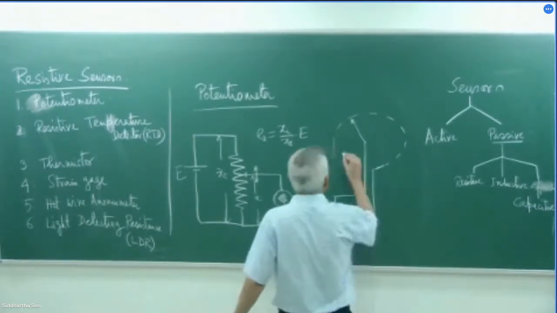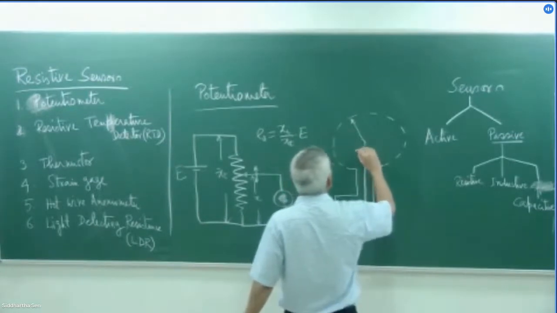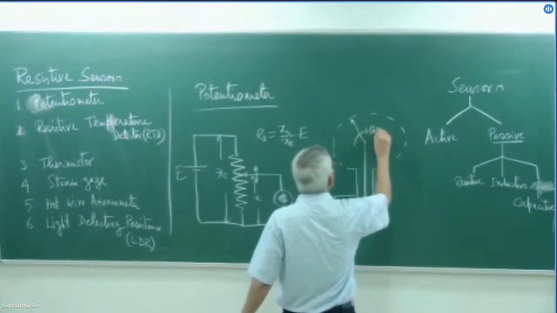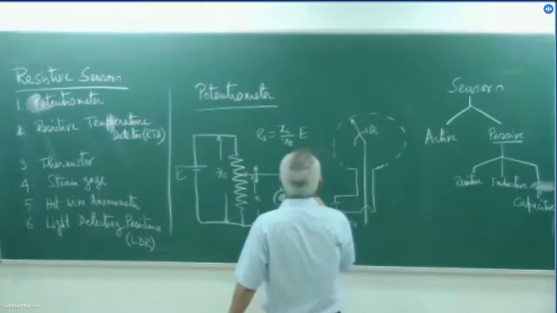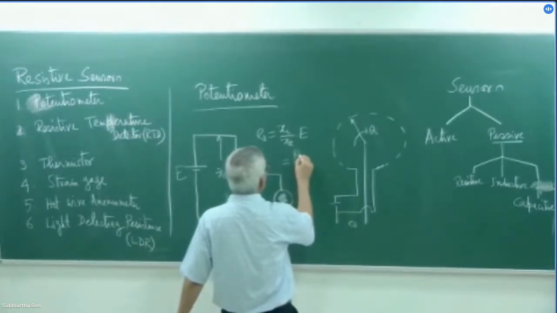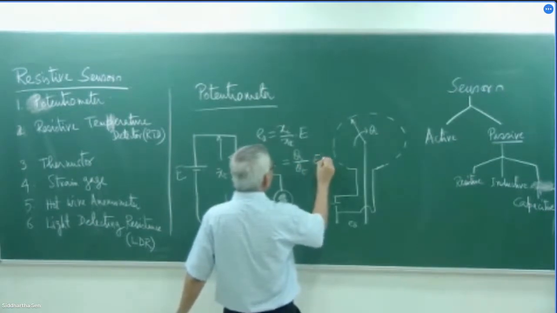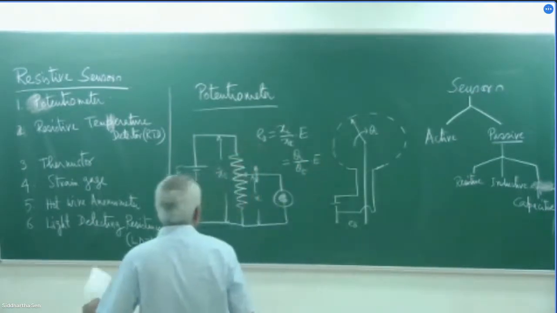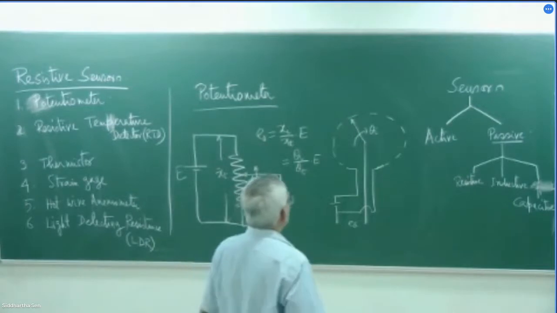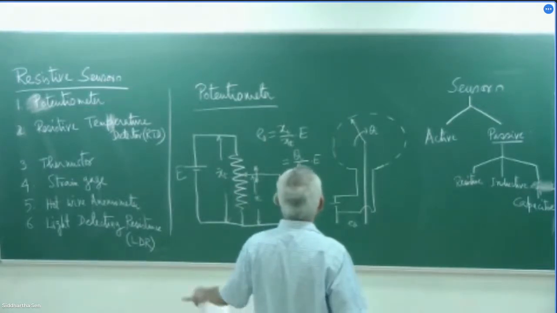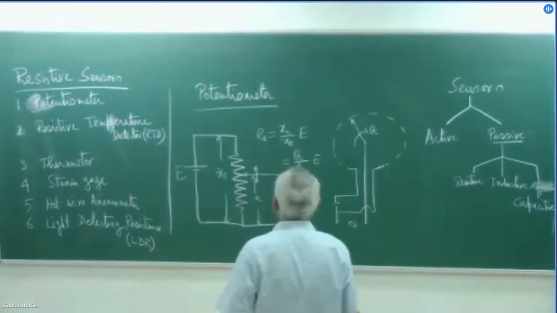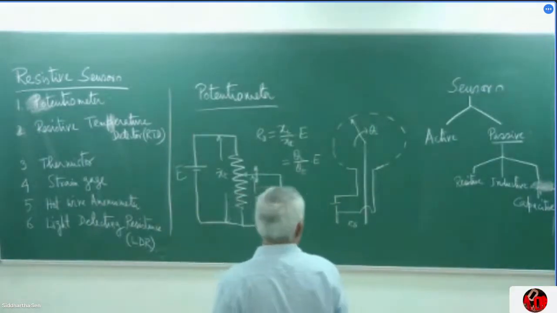This is your angle theta i, and so we can also write it in an angular way: E0 is equal to theta i divided by theta t into E. So it could be used for displacement measurement, angle measurement, and it is very linear and very simple.